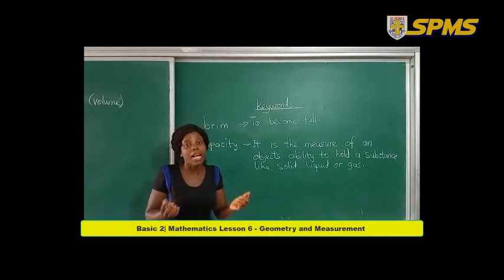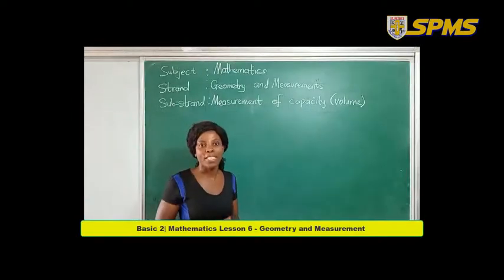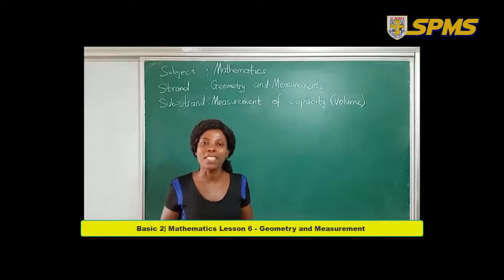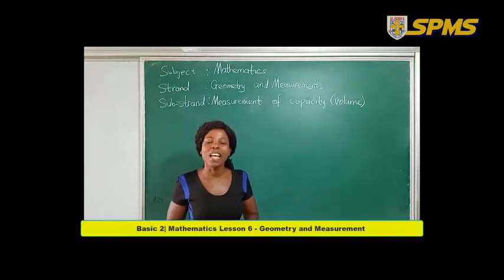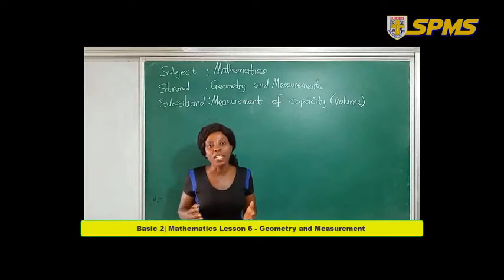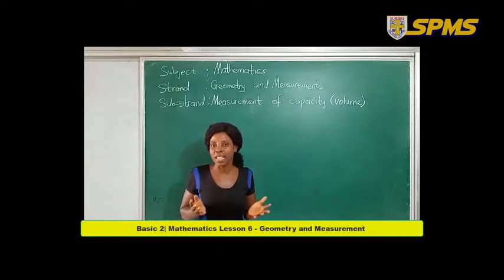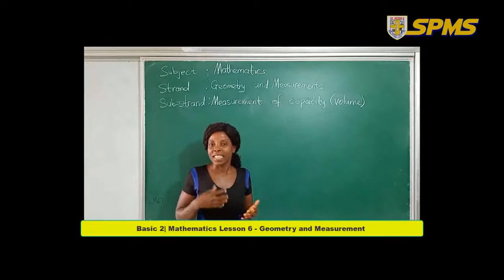So that means that object has capacity in it. From our keywords, we came across the word capacity. And what did we say it is? We said it is the ability of an object to hold any substance, such as liquid.